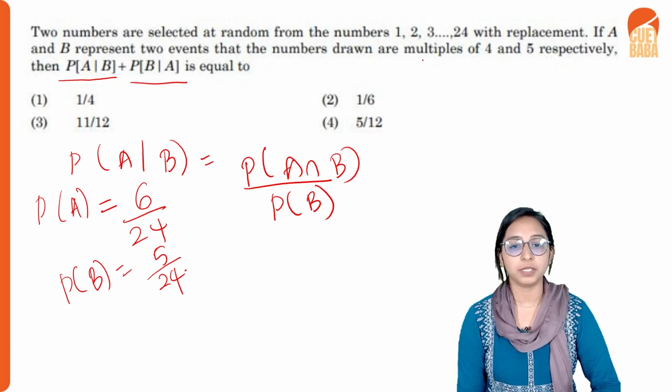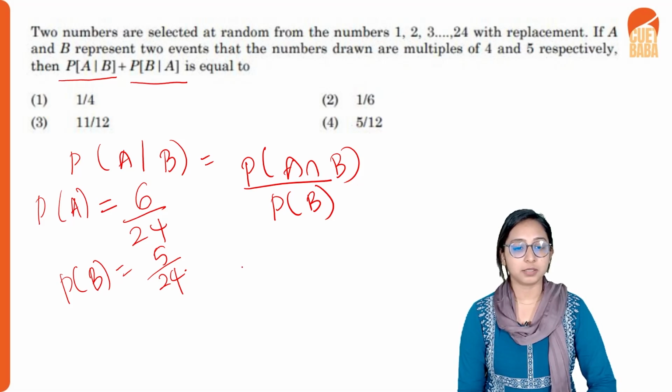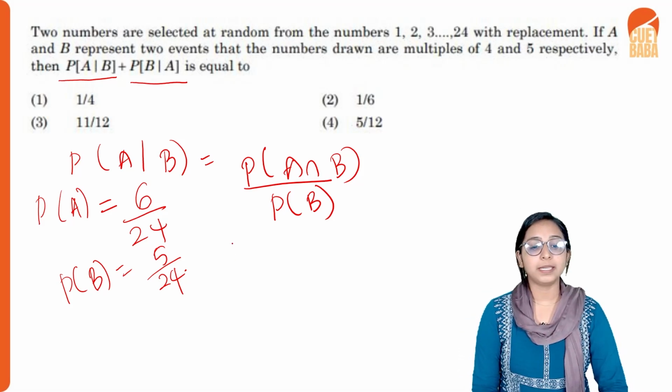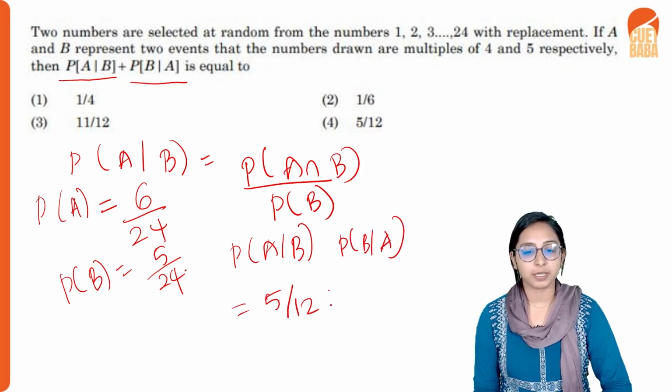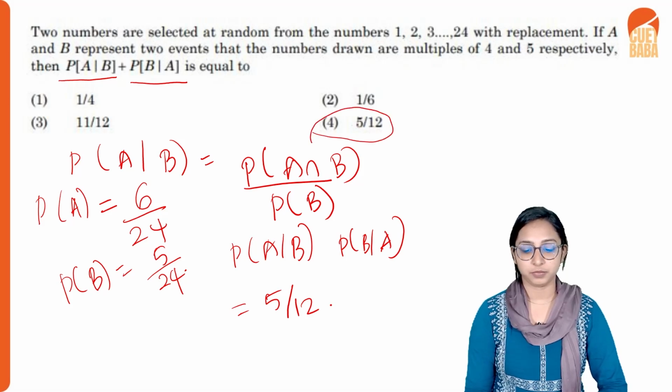We can find that directly. So by calculating the probability of A given B and probability of B given A using these equations, we get the answer as 5 by 12. Hence the correct answer is the fourth option, 5 by 12.